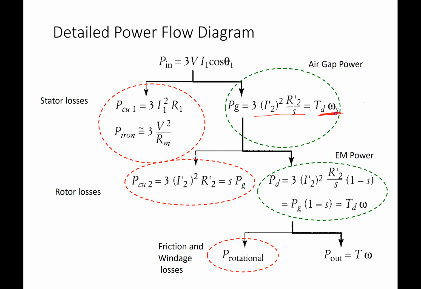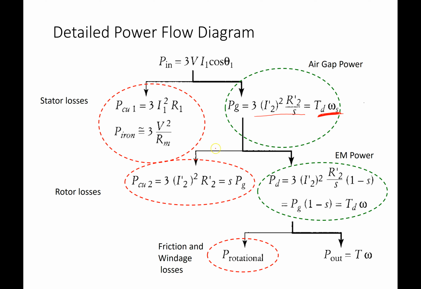So this TD by omega S is for the 3-phase machine as a whole. So you don't have to go and multiply by 3 if you have the developed torque. You don't have to multiply by 3 in order to get the 3-phase developed torque. It is understood that it is the torque for the whole machine.